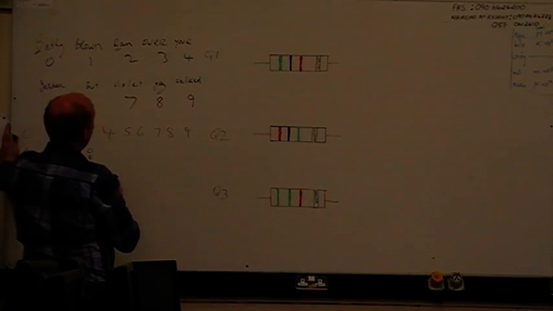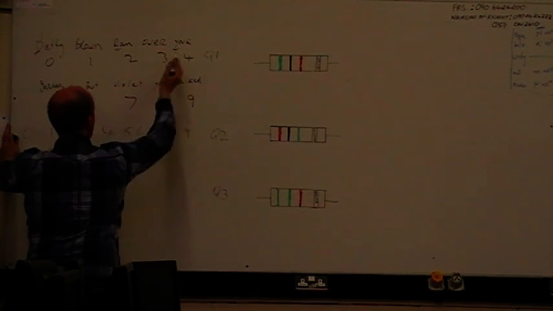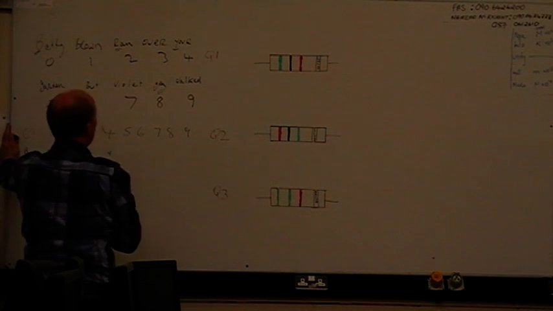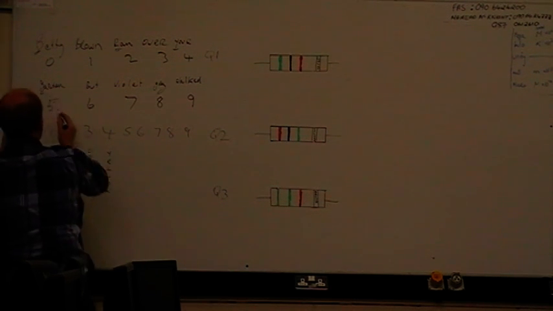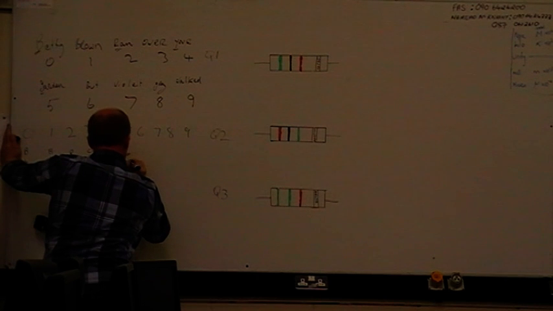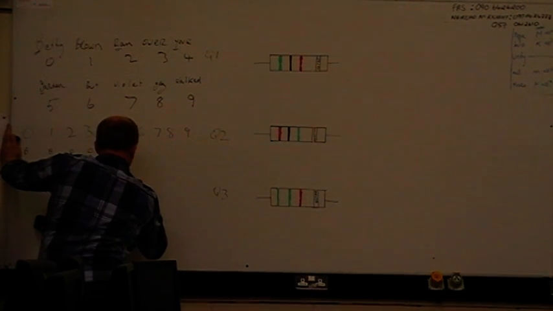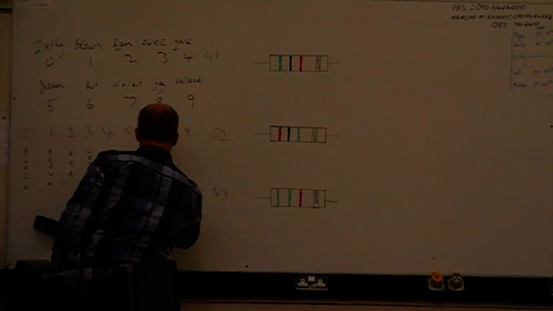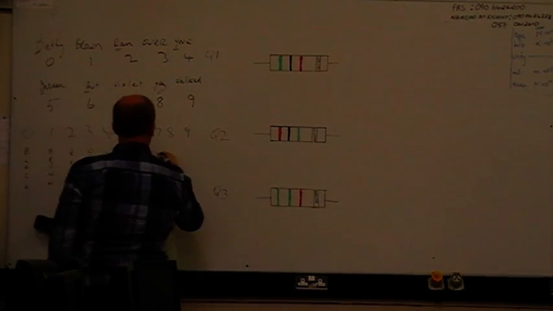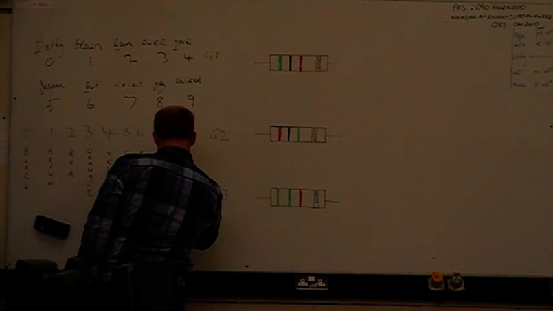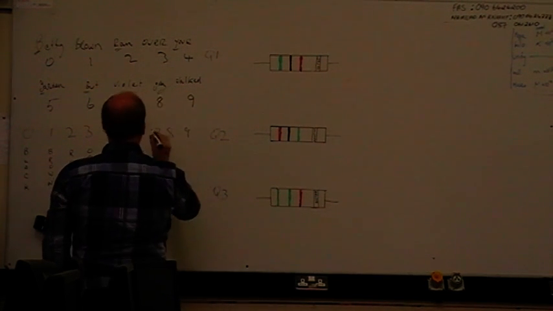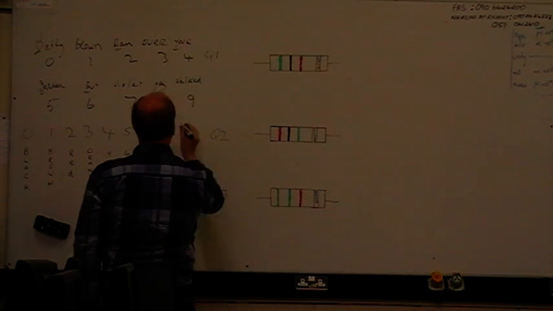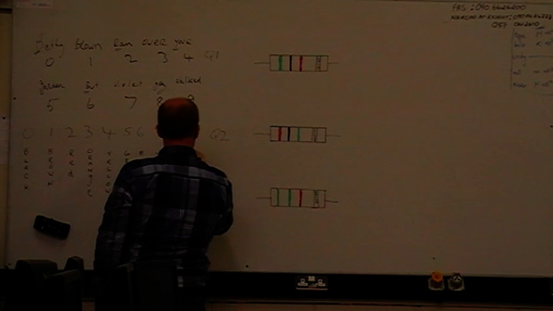And 4 is Y, which represents yellow. 5 is G, for green, for garden. 6 is for blue. Violet stays the same, and grey stays the same. And walk changes to white.